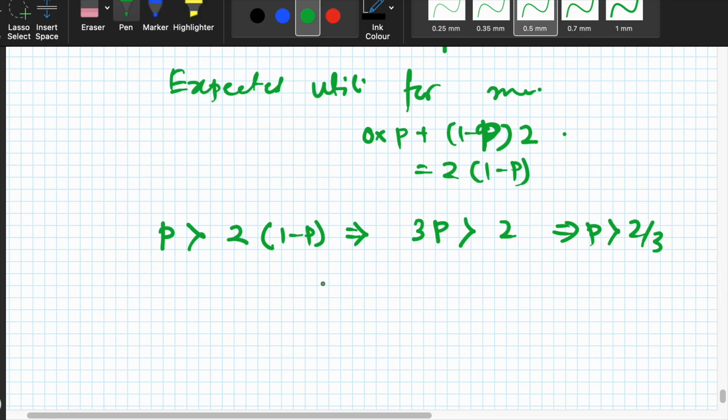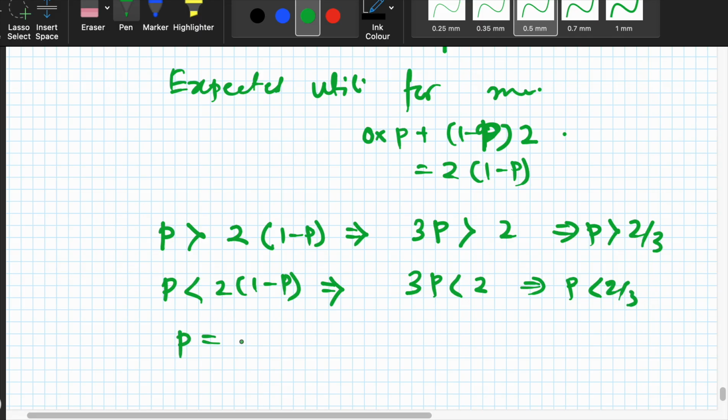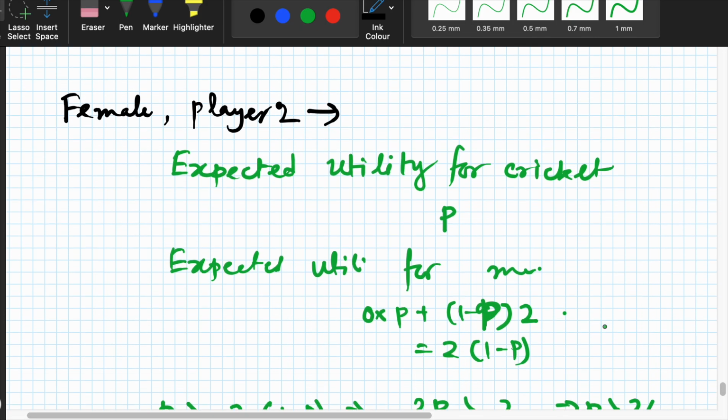Similarly, when p is less than 2 into 1 minus p, the expected utility for going to the musical concert will be higher than going to cricket. That happens when 3p is less than 2, when p is less than 2/3. At p equal to 2 into 1 minus p, that is 3p equal to 2, at p equal to 2/3, the expected utility for going to cricket match and going to musical concert is equal. So any q will be the best response.